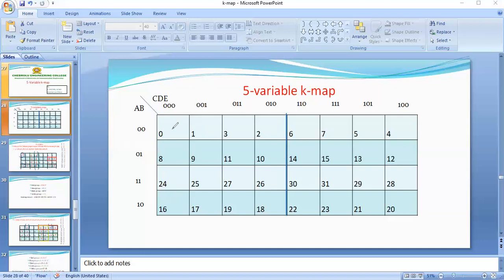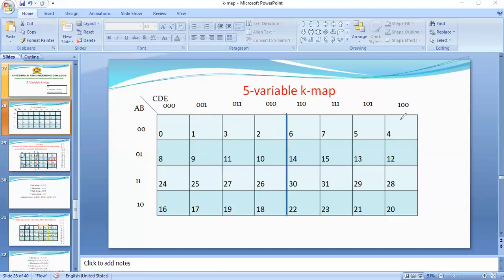After that, for 0, we have 4 also adjacent, because if you fold the paper like this, 0 and 4 are corners and are also adjacent. So count the total number of adjacencies for 0: 1, 2, 3, 4 and 5.